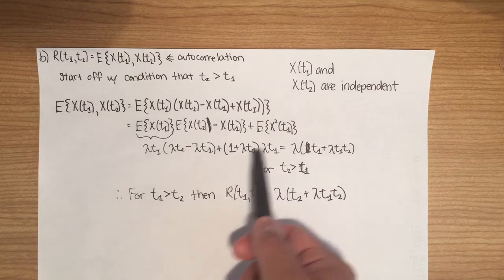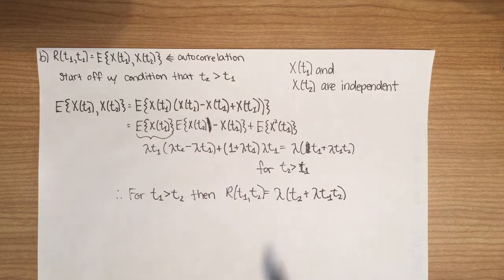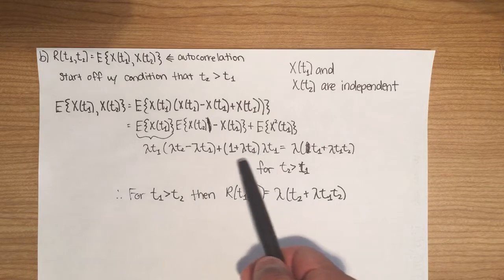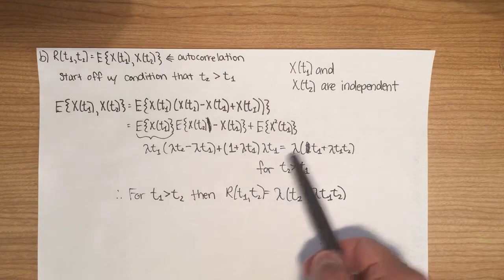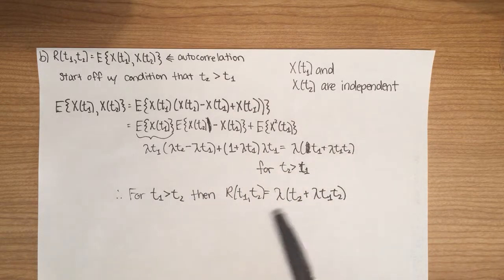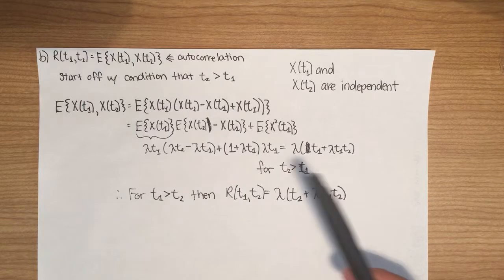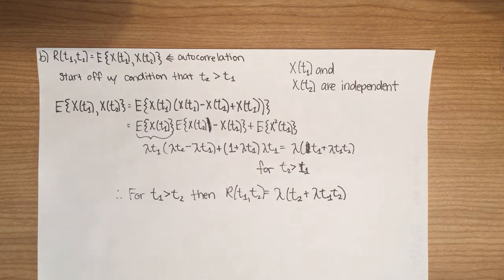And over here, we found the expected value of x squared of t back in part A, where we can just show it as 1 plus lambda t1 times lambda t1. We distribute everything out, and we find that for t2 greater than t1, R(t1, t2) equals lambda times t1 plus lambda squared t1 t2.